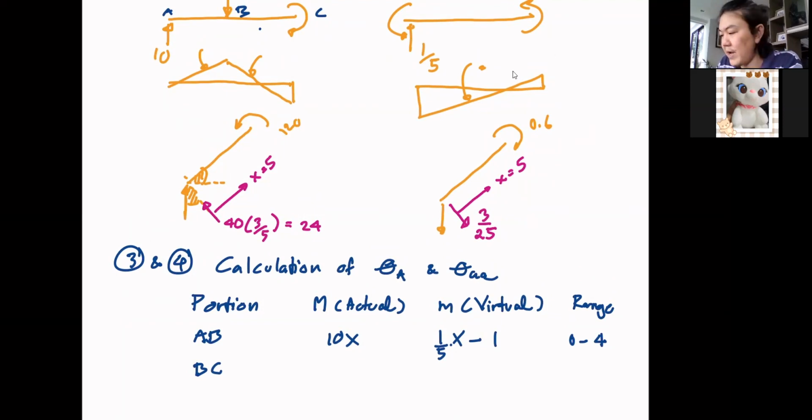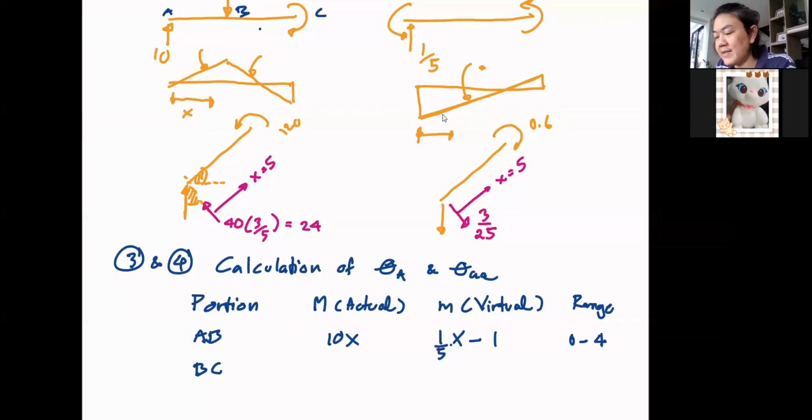So if I can write only one equation for this line, that would be beneficial. So by doing that, I'm trying to write the moment for the actual case by using the x from the origin for the portion BC. Okay, my x will begin from 0, so that I don't have to change the moment equation for the small m. Do you follow that?